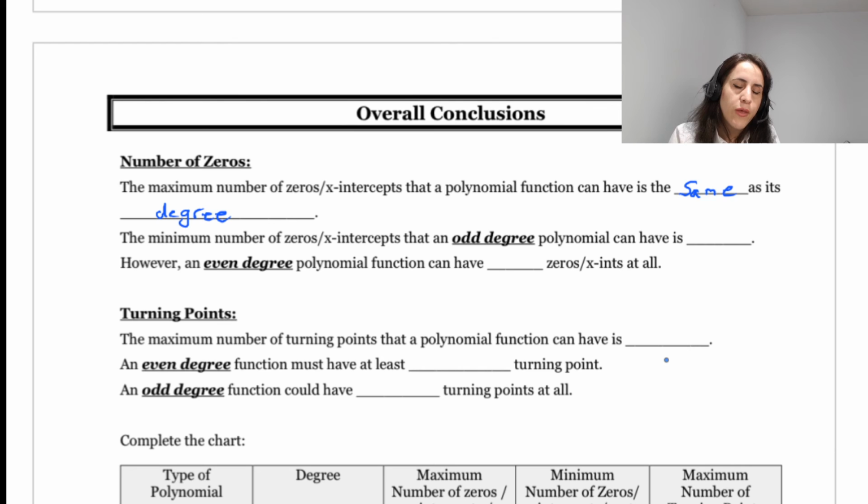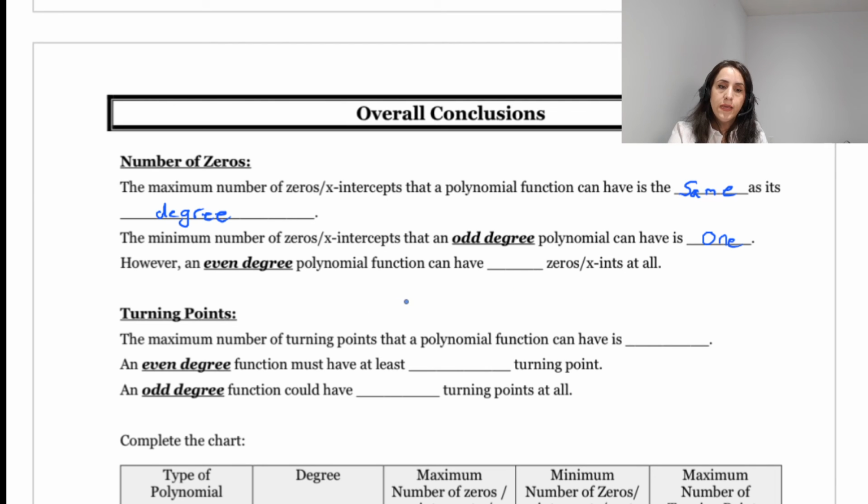For the minimum number of zeros or x-intercepts, I'm talking about odd degree and even degree separately. The minimum number of zeros that an odd degree can have, do you remember what it was? Odd degree, opposite directions, they need to pass the x-axis, so yes, it is 1 x-intercept.